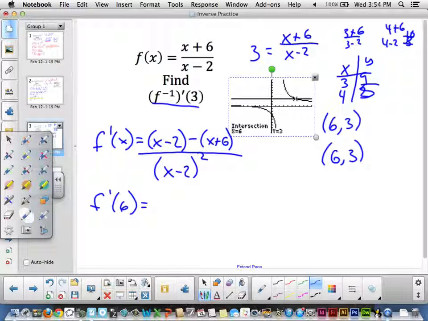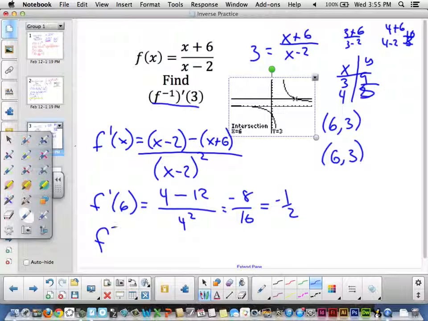We got 6 minus 2, which is 4, minus 6 plus 6, which is 12, over 6 minus 2, which is 4, squared. So we got negative 8 over 16, which is negative 1/2. So when we go to the inverse, f inverse prime of 3, because we switched for the inverse, is negative 2.